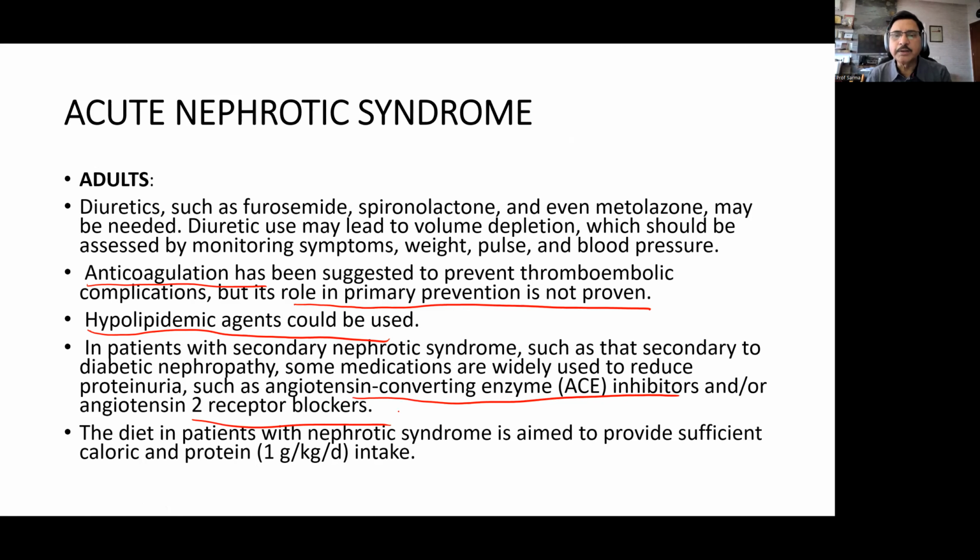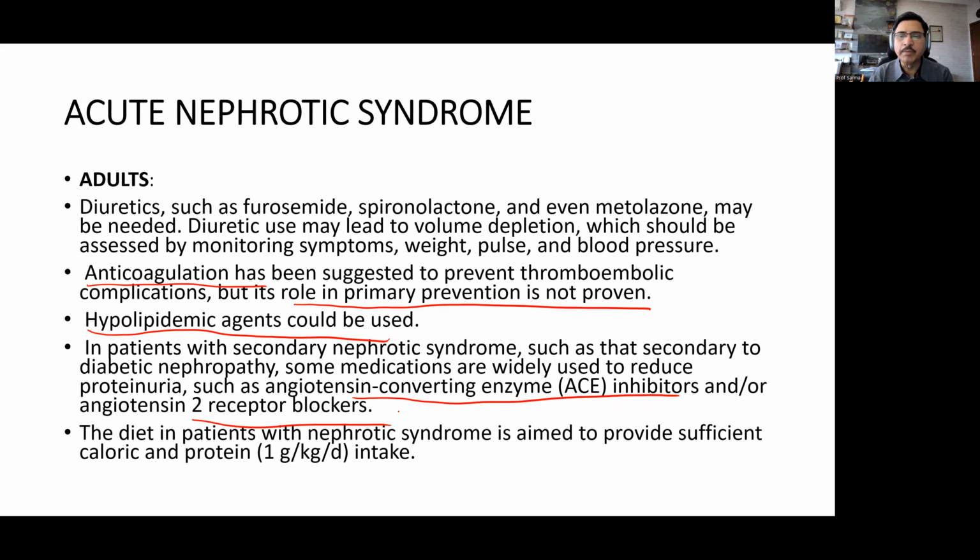If it is secondary nephrotic syndrome, particularly diabetic nephropathy with nephrotic syndrome, ACE inhibitors and ARB blockers have a role. Even otherwise, in people who have unremitting edema, you can put them on angiotensin converting enzyme inhibitors or ARB blockers in the absence of diabetes also. This has got evidence B. It's a very important point.